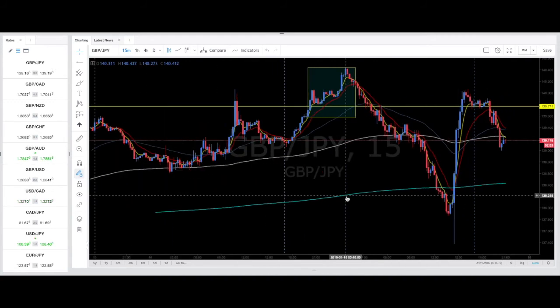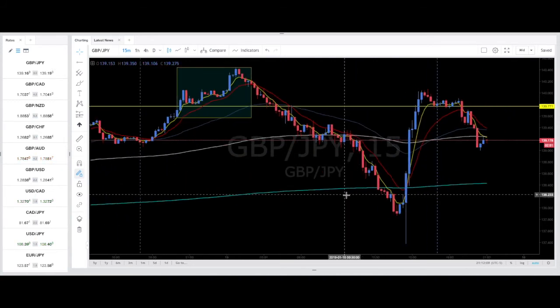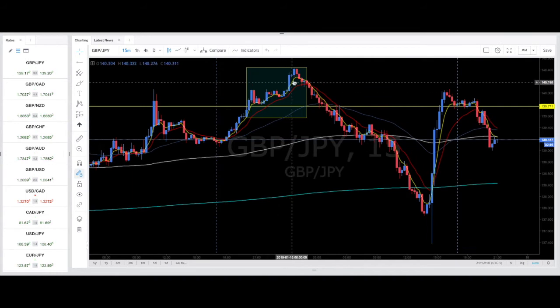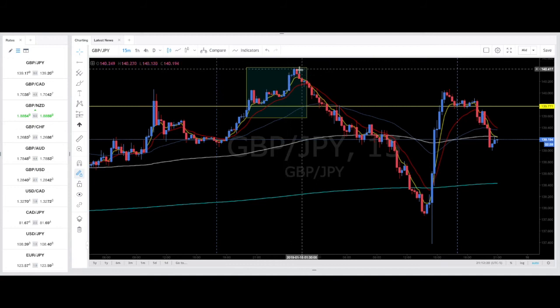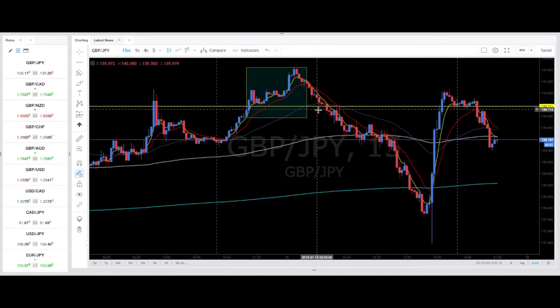And let's go to pound Jappy. Pound Jappy, same thing. 1 o'clock. This one actually went a little bit higher, but same type of setup. At 1 o'clock, railroad tracks. All 3, pound Jappy, pound CAD, pound USD, at 1 o'clock all produce the same thing.